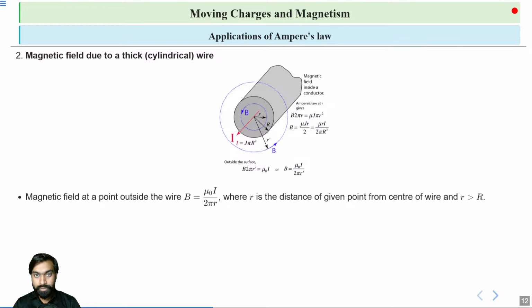For a point located outside the wire at a distance r from the center, where r is greater than R, the magnetic field behaves as if all the current were concentrated at the center. So using Ampere's law, the magnetic field at this point is given by B equal to mu naught I upon 2 pi r.